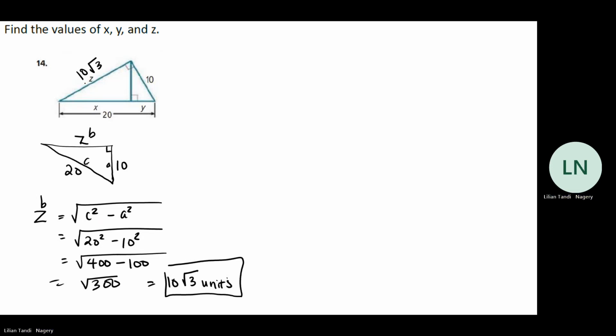Okay, I want to find this. So this is my geometric mean. How will I find that? Because I know x times y should give me this.